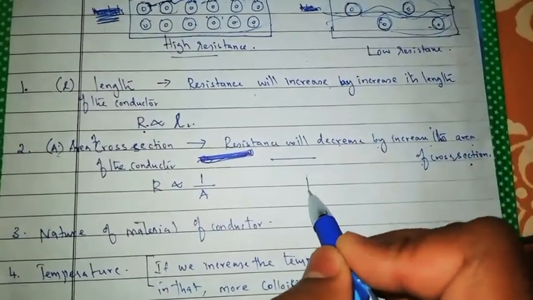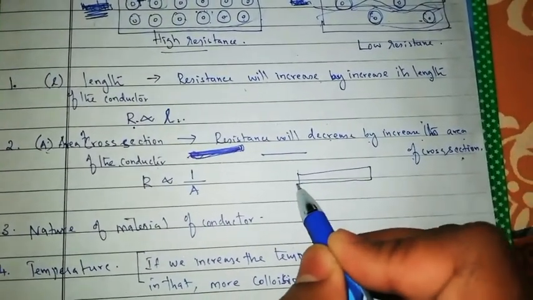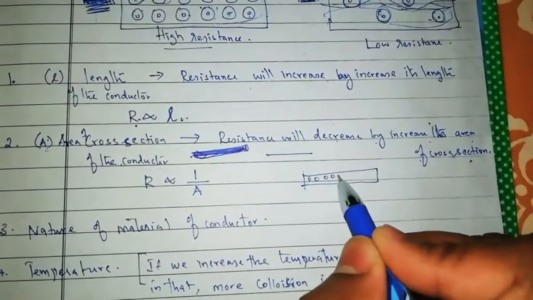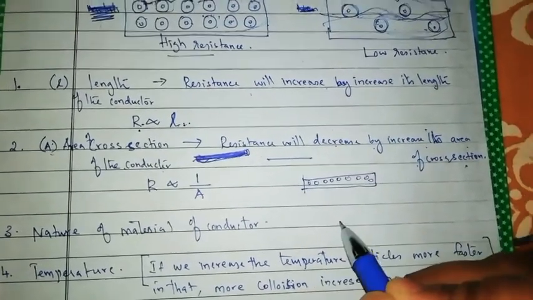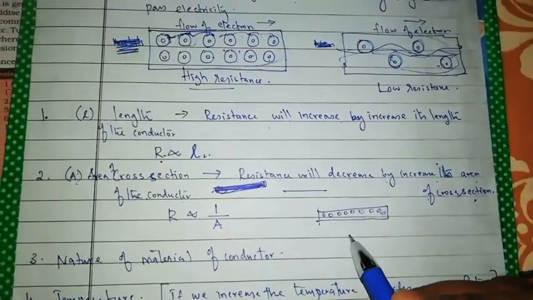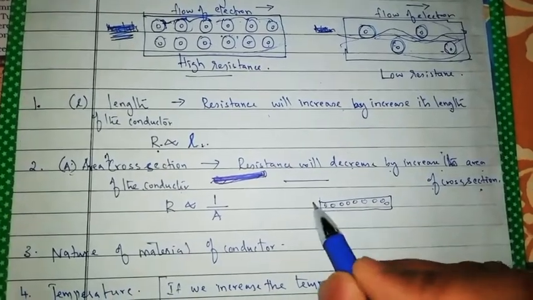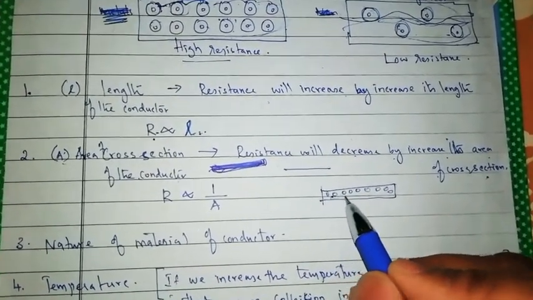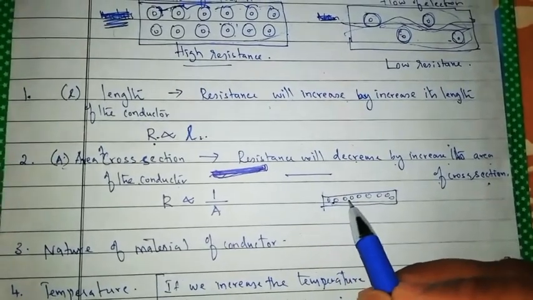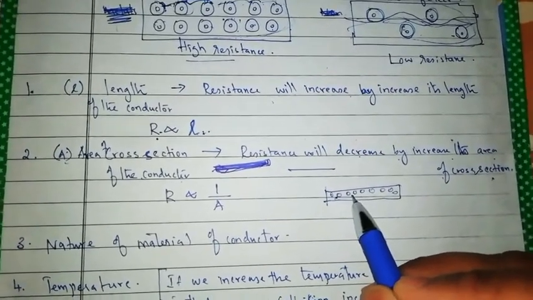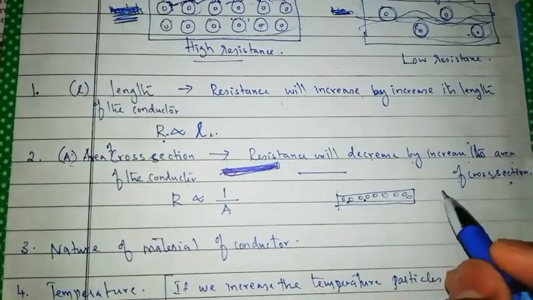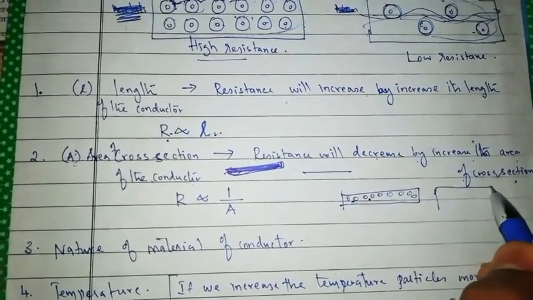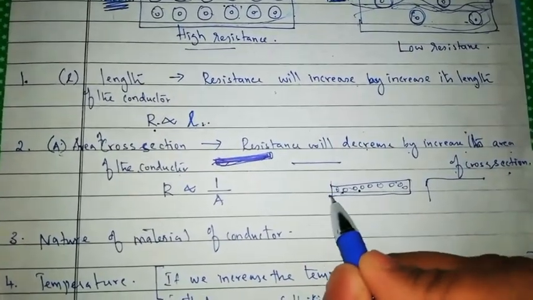For example, this is a wire which has lots of electrons in it. Okay, think of it that way. If there are a large number of electrons and a long length, what happens? Resistance definitely increases, right? And if I increase the cross section, this is a thin wire.